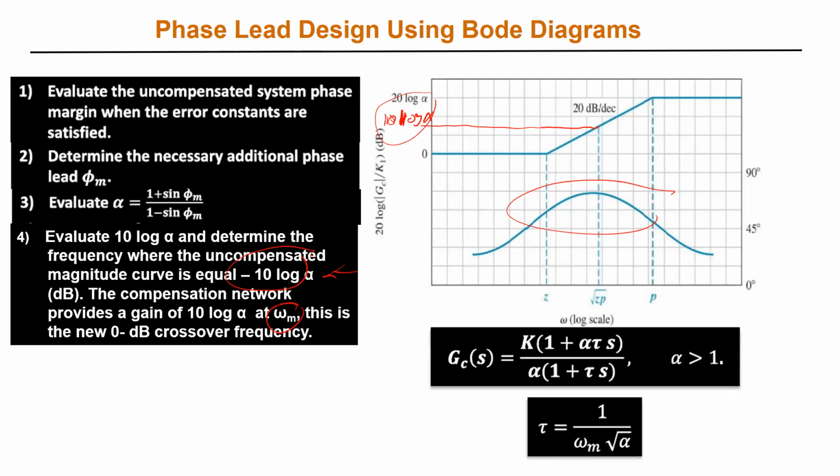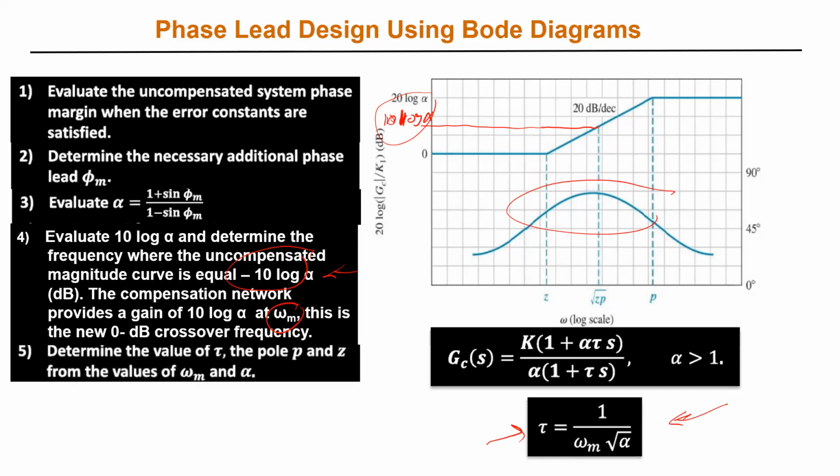Once I have this, I can determine omega, because tau is related to the maximum frequency from this formula. Once I determine tau, I will determine the zero and the pole of the system.